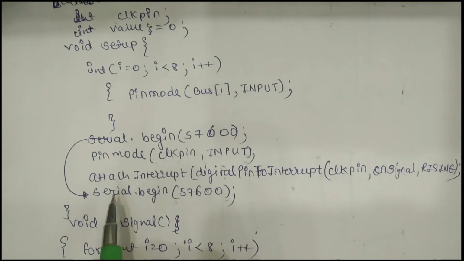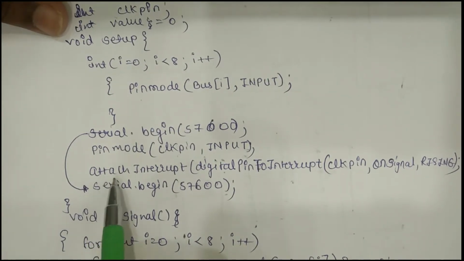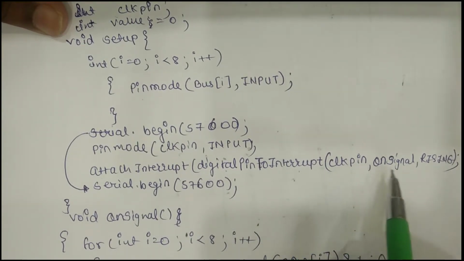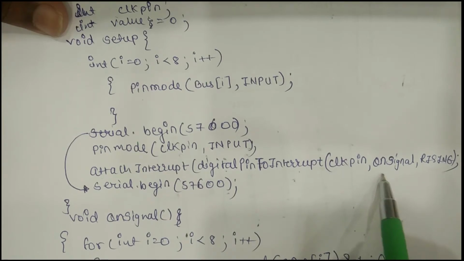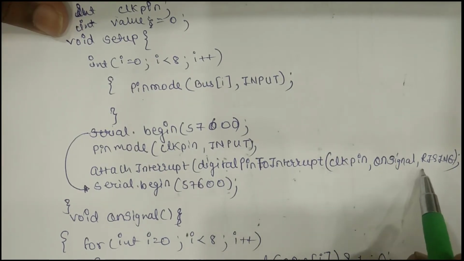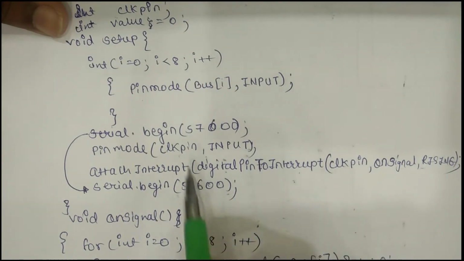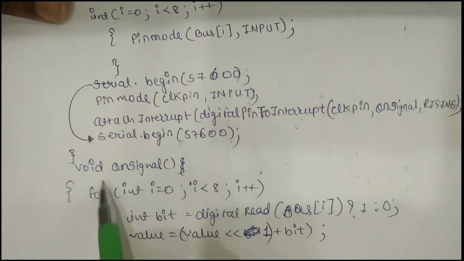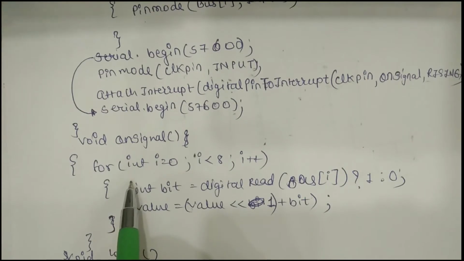Then we will define the clock pin as an interrupt pin with attachInterrupt, digitalPinToInterrupt of the clock pin, onSignal. This will be the function which will run after the rising edge has occurred on the clock pin. So we will go into the onSignal function.